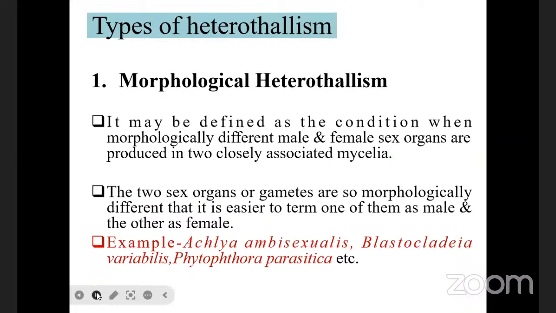First one, morphological heterothallism. Morphologically different male and female sex organs are produced on closely associated mycelia.